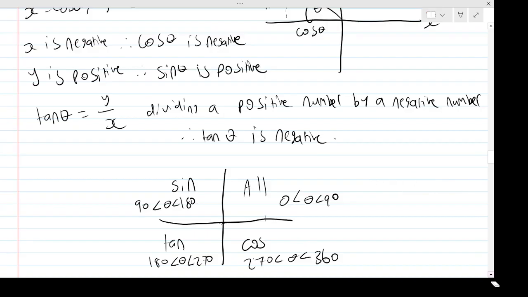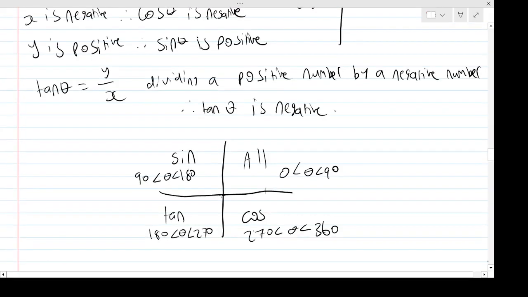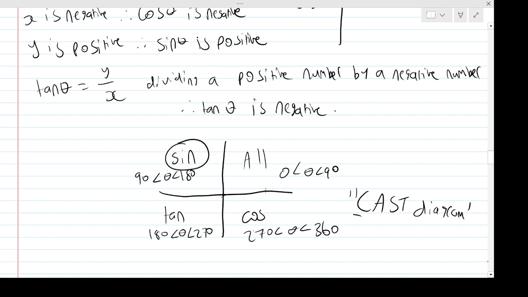But anyway, there's a special name for this. If we start with the first letter of everything, we get something called a CAST diagram. So C represents cos here. Then we move upwards to all three trig functions, A. Then we get sine, which would be the S, and then T for tan, which is where it's positive there.